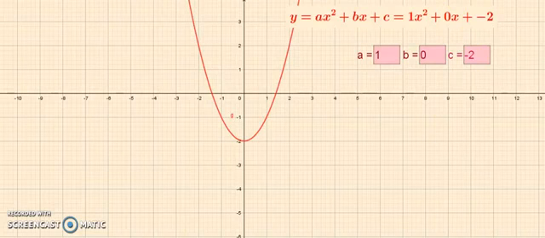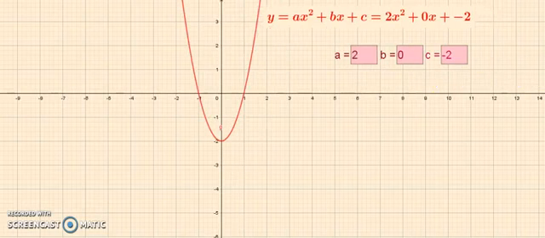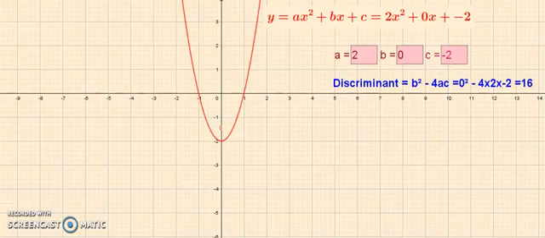Let us just observe the value of its discriminant. The discriminant of a quadratic equation ax square plus bx plus c is equal to 0 is given by b square minus 4ac.